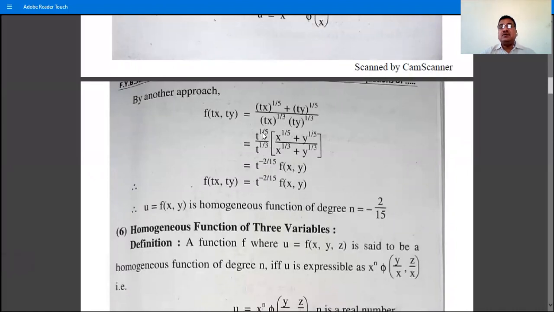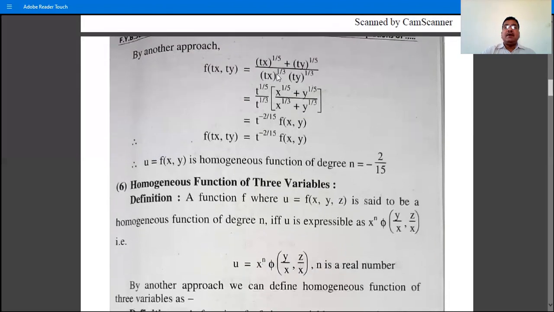Then take t raised to 1 by 5 common. tx raised to 1 by 5 means t raised to 1 by 5 x raised to 1 by 5, and here t raised to 1 by 5 y raised to 1 by 5. Taking t raised to 1 by 5 as common, we have x raised to 1 by 5 plus y raised to 1 by 5. Similarly, tx raised to 1 by 3 means t raised to 1 by 3 x raised to 1 by 3, and t raised to 1 by 3 y raised to 1 by 3. So take t raised to 1 by 3 as common, and we have x raised to 1 by 3 plus y raised to 1 by 3 in the bracket.